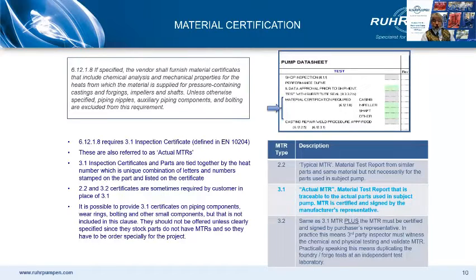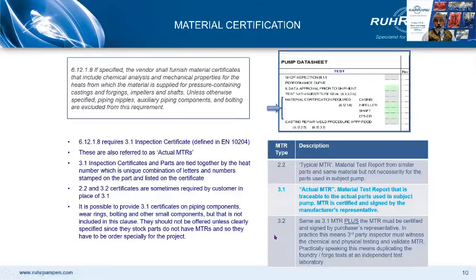There will be a 3.1 somewhere in the system, but nothing that positively traces that particular component to that particular heat and MTR. If you require a 3.1 for these components, it will usually be achieved by destructive testing of a component at an independent laboratory, or by specifically ordering for that particular contract, and that would be expensive.